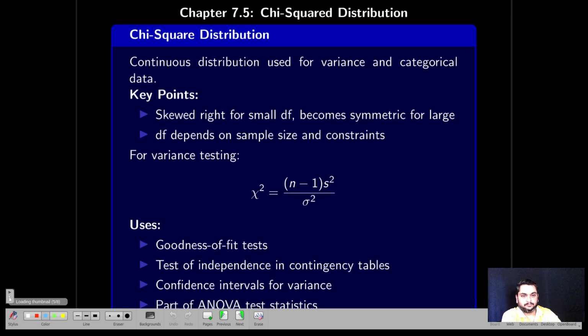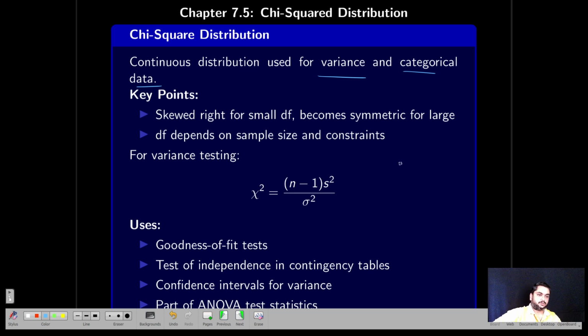Next, similarly, the chi-square distribution is actually used for variance and categorical data, to test the variance in categorical data. This is again the same thing. For small degrees of freedom, that means small sample size, it is usually skewed. Even the t distribution is skewed.